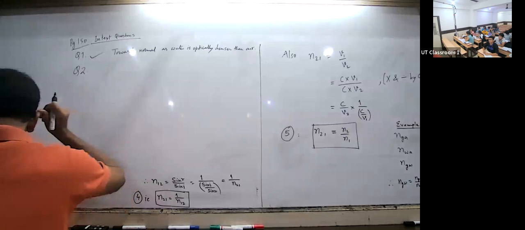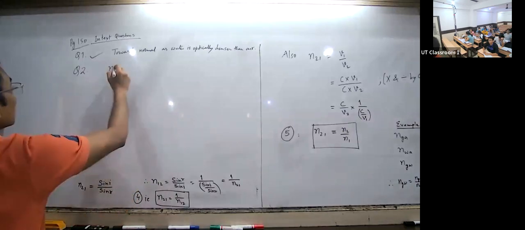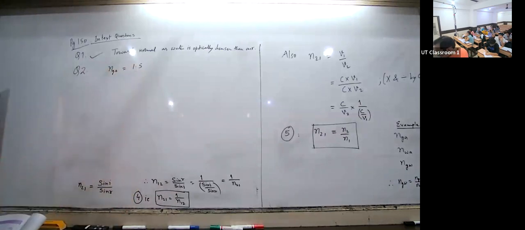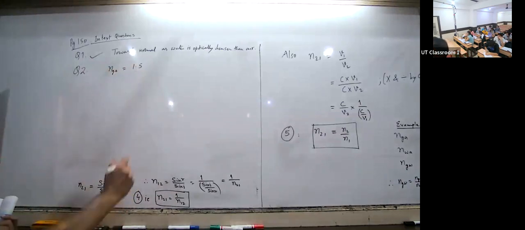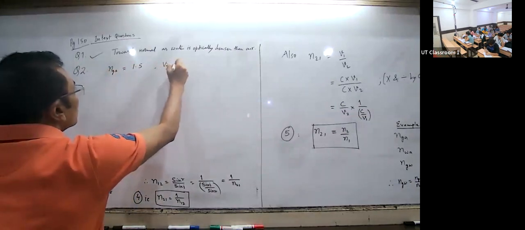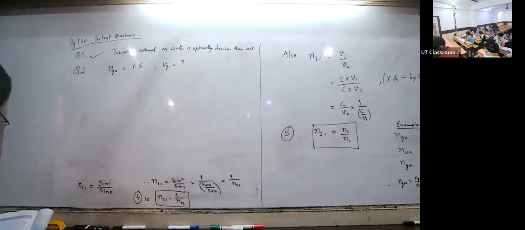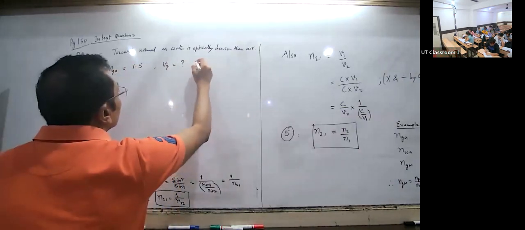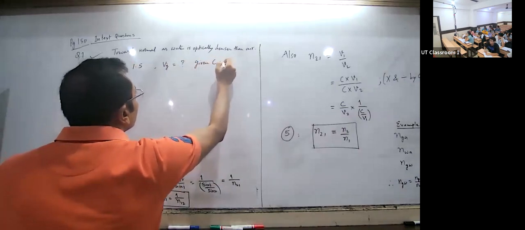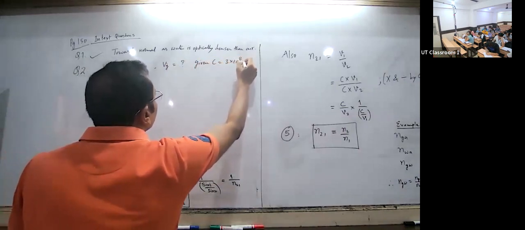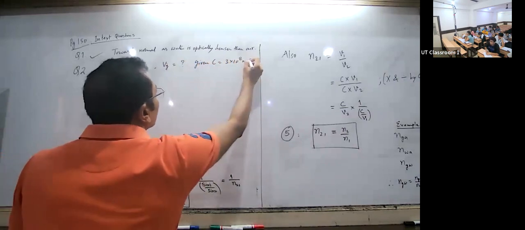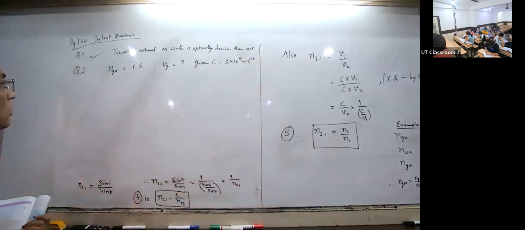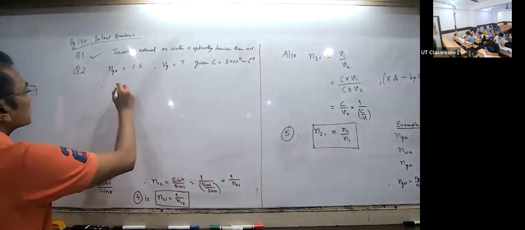Second, light from air to glass is given. So the refractive index is given as 1.5. What is the speed of light in glass? So V_G is equal to... Speed of light in vacuum is given, C is equal to 3 into 10 raised to 8 meter per second.